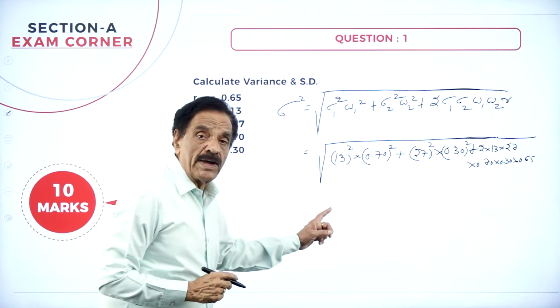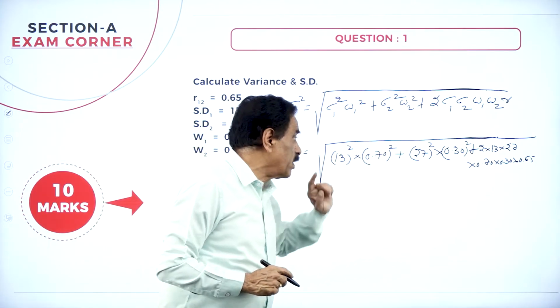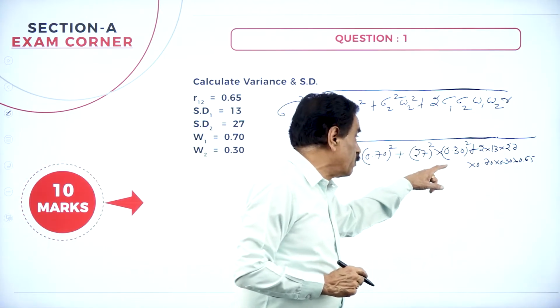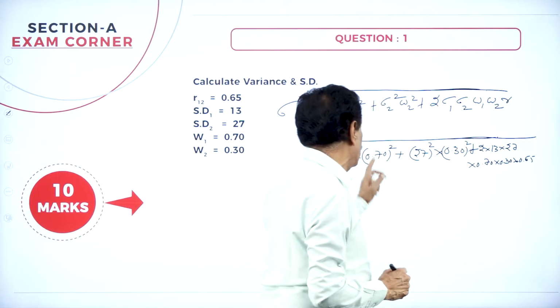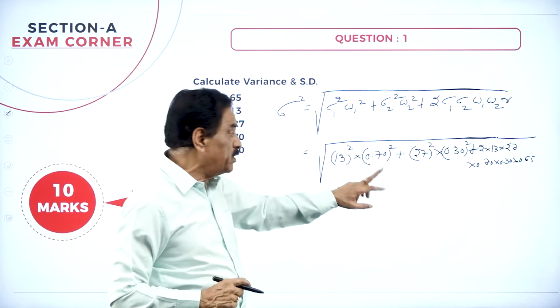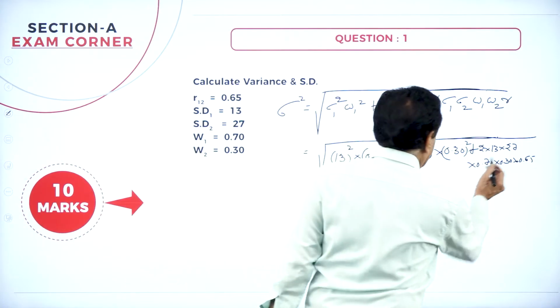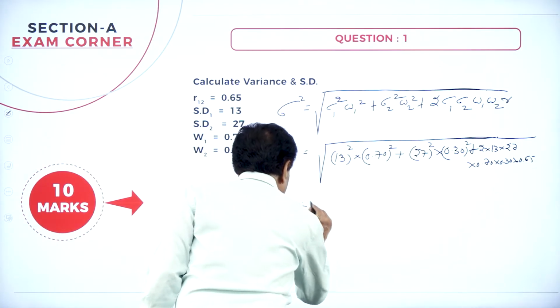So 13 square into 0.7 whole square plus 27 square into 0.3 whole square plus 2 into 13 into 27 into 0.70 into 0.30 into R, 0.65. Simplify.